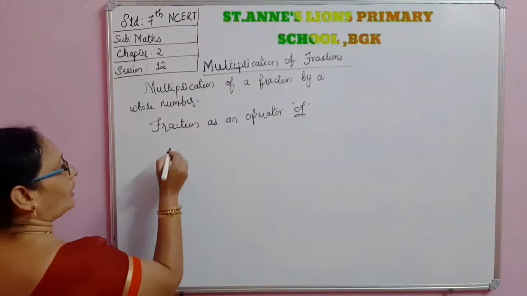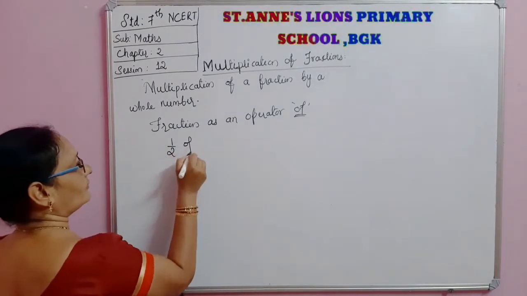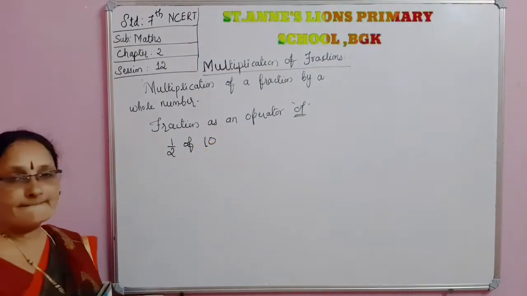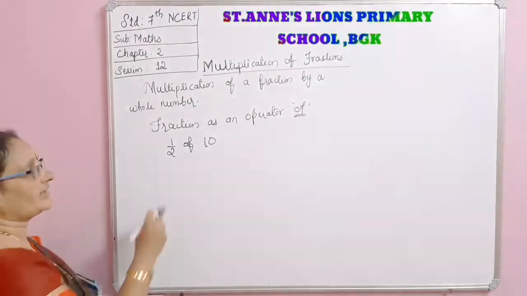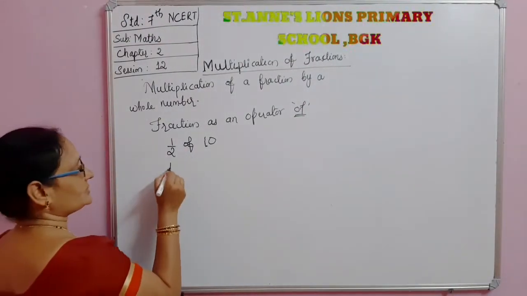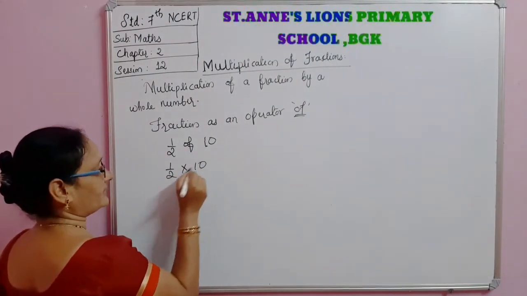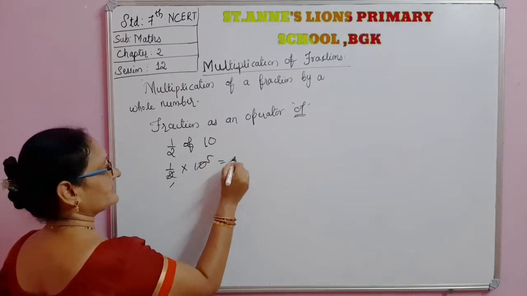Suppose 1 by 2 of 10. 'Of' represents multiplication, so 1 by 2 into 10. 2 ones are 2, 2 fives are 10, that is 5.